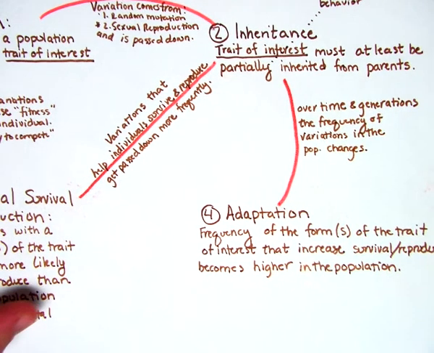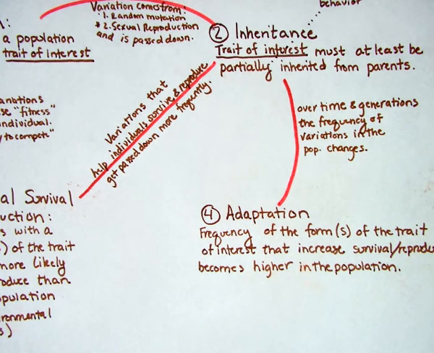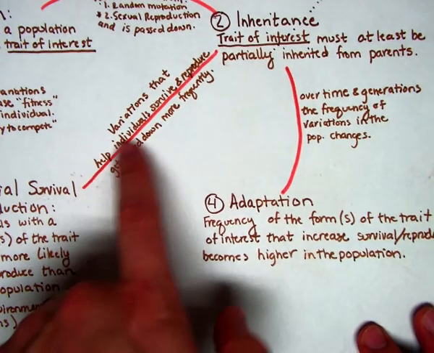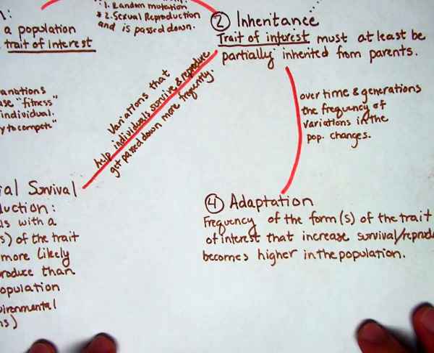Right, so think Finch story. Over time, generations, the frequency of the beak depth variations changed. Right, but it took time as those genes were passed down and inherited over generations. Okay.